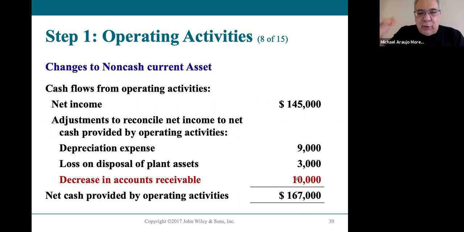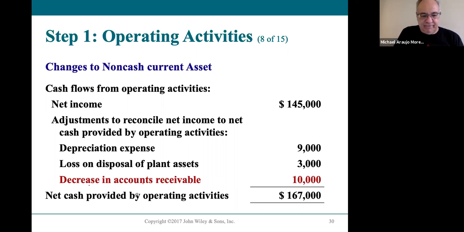If you were expecting 30,000 and now you're only expecting 20,000, that was $10,000 more that came in. So for a cash basis, we have to include that 10,000 as cash coming in. That's why a decrease in accounts receivable is the same as more cash coming in.